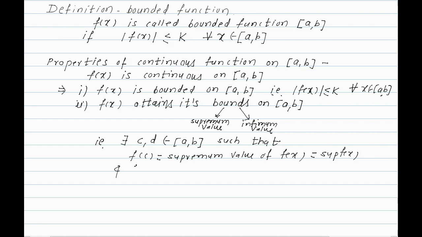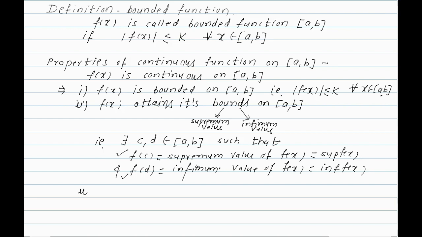And f of d is infimum value of f of x, and we write it like this. So function attains supremum value at the point c and it attains infimum value at d. This is a second property.